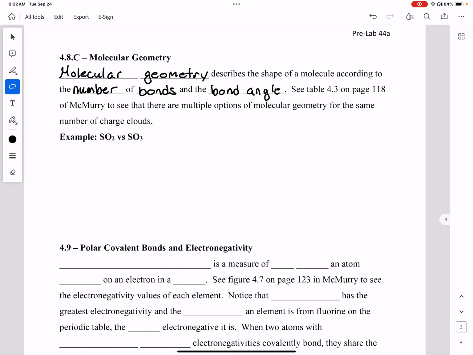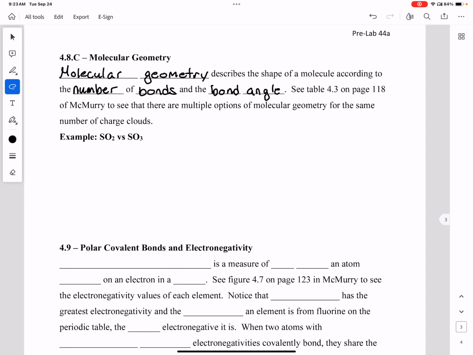And there's a lovely table, table 4.3 on page 118 of McMurray, that will show you all the different options for shapes based on the number of charge clouds and how many of those charge clouds are actually bonds. So that table we're going to use quite a bit in our lab this week.